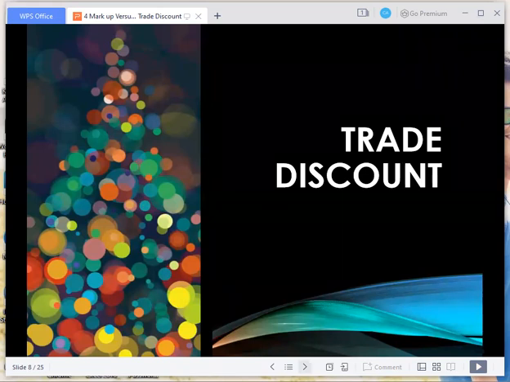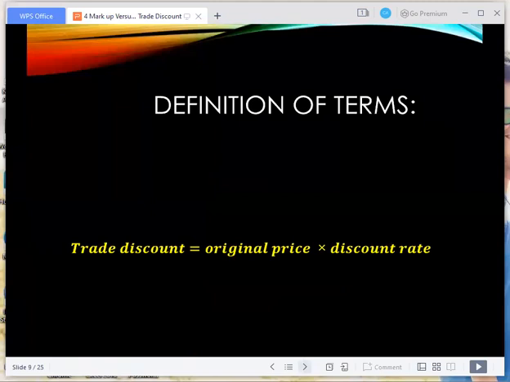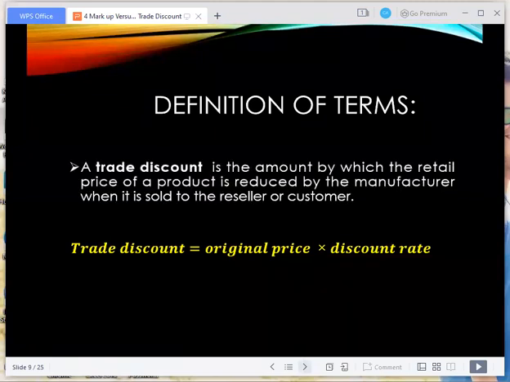we will go down to the lesson for markdown. Okay? Markdown and trade discount are almost the same, or actually the same. So trade discount by definition is the amount by which the retail price of a product is reduced by the manufacturer when it is sold to the reseller or customer. So there is a price reduction.